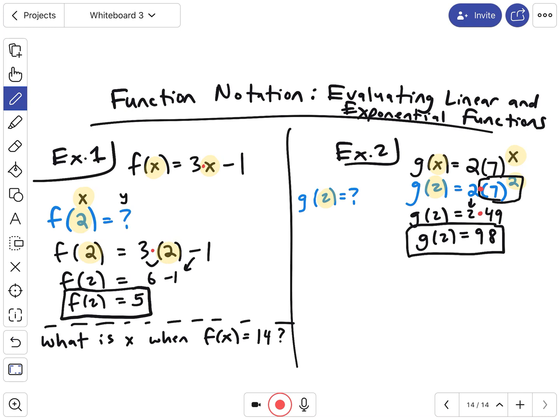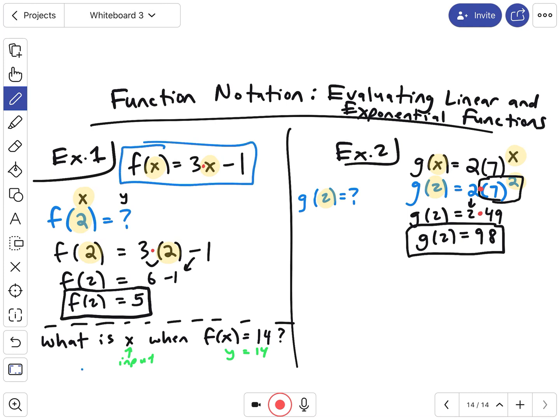Okay. So what this is asking is pretty much, this is basically saying y equals 14, or the output is 14. So what does the input have to be? We've got to figure out what we are going to put in the input.